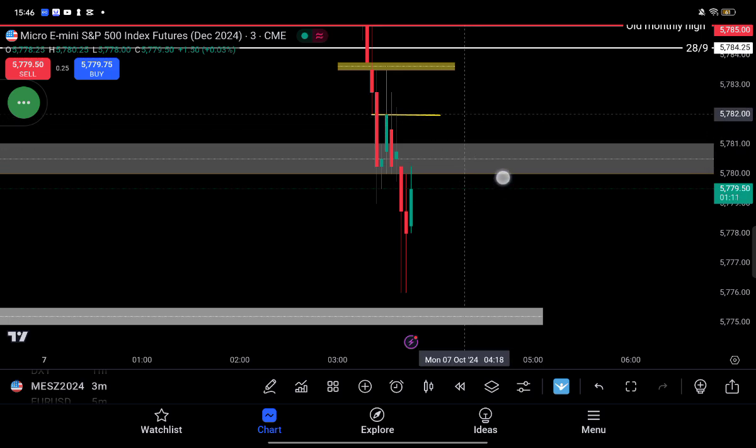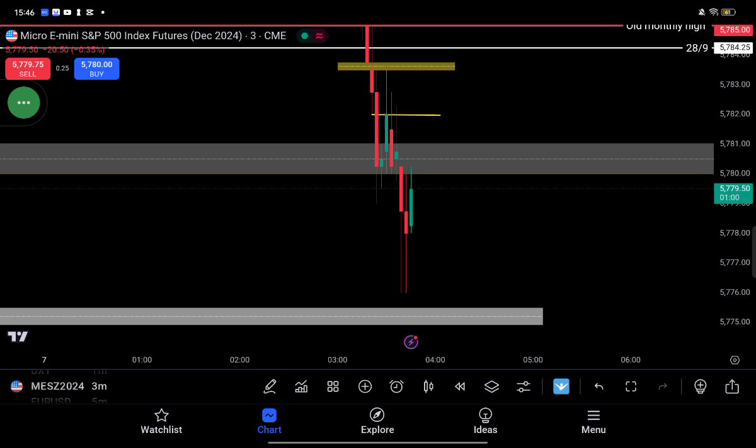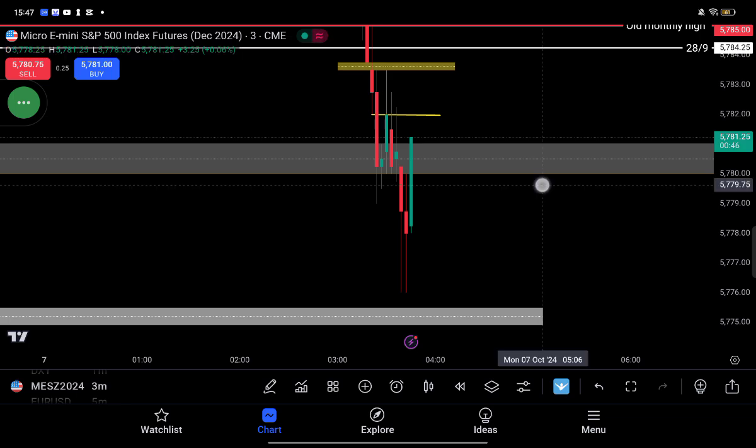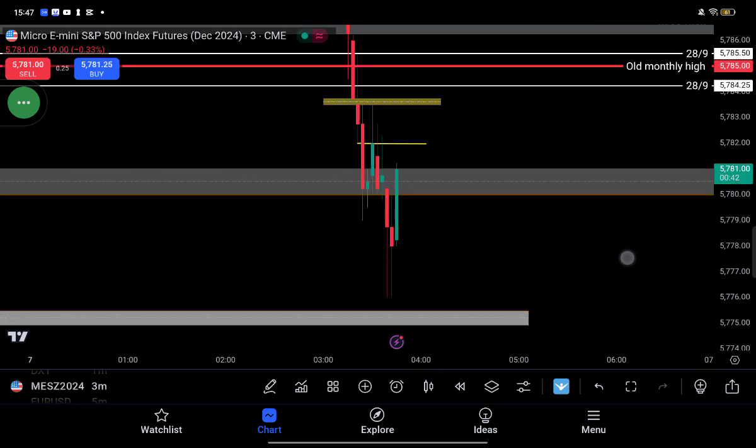So my stop loss has to be here, 82. So from 80 to 82. Okay, do we reject here, or do we close above this 5-minute BC?